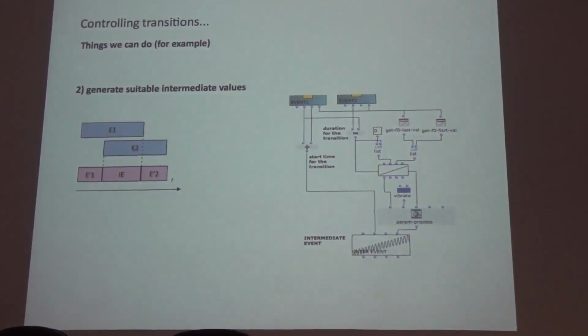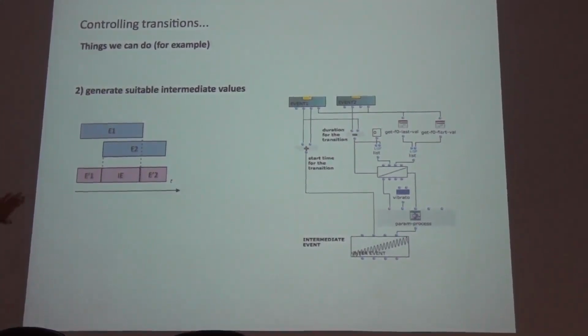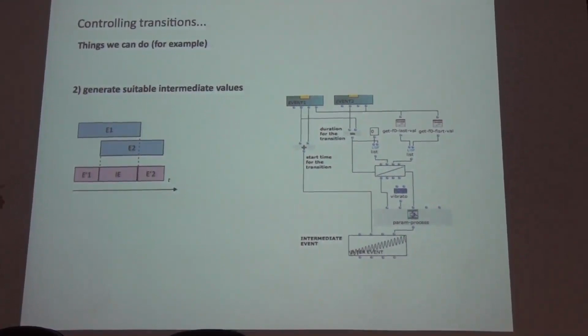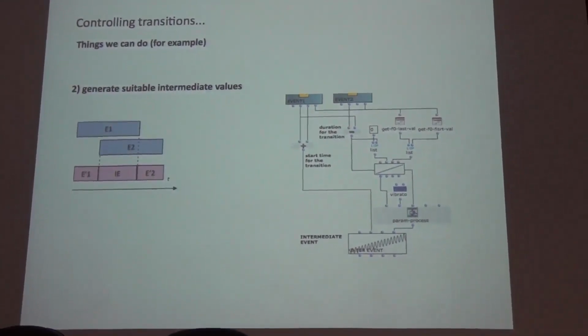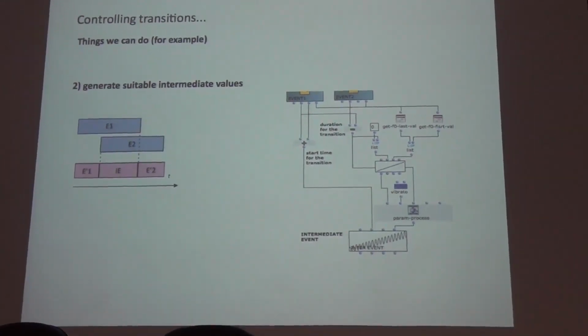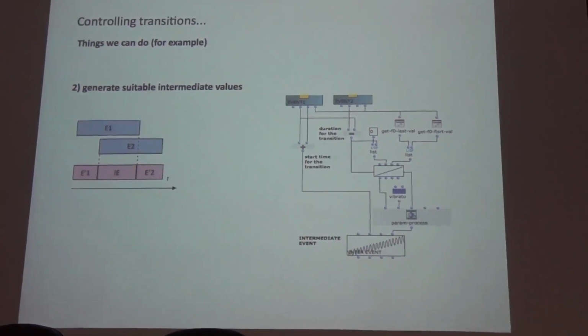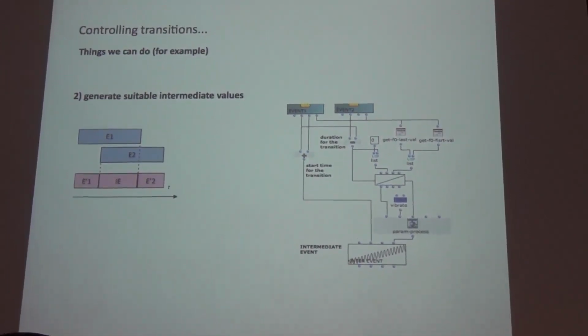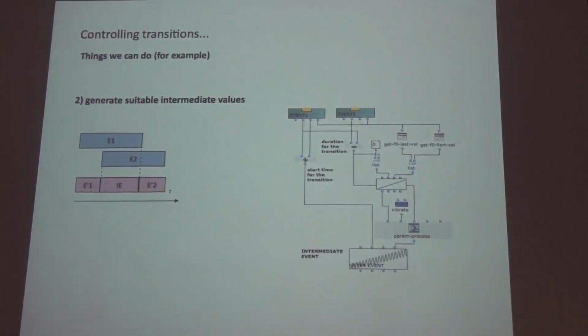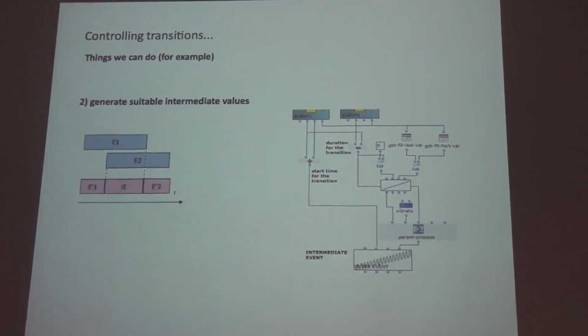A second solution is to say, okay, I do the same, but in between I want to add some information. For instance, I don't want a silence, or I don't want a simple interpolation. I want to control the vibrato or the other parameters in the transition.